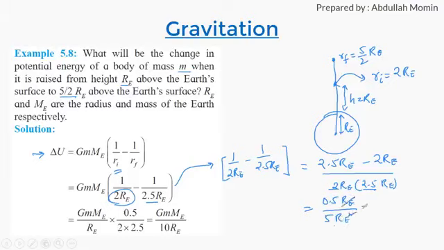This one Re and this one Re cancel, so we get 0.5 upon 5, which is 1 upon 10 Re. So after solving the bracket we get 1 by 10 Re, and the change in potential energy is G Me m upon 10 Re. So this is the change in potential energy of the system.